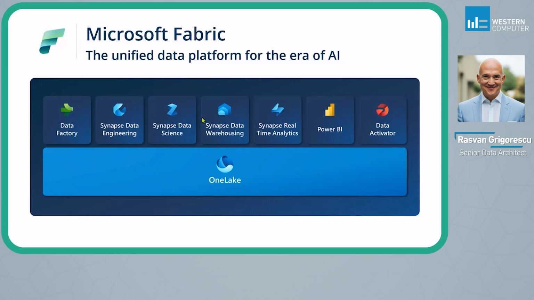So they existed before, but they needed to be integrated. And also, they needed to leverage the data in one data repository, which is OneLake. So I would say that probably the key theme for Microsoft Fabric is the fact that it is a unified data platform.